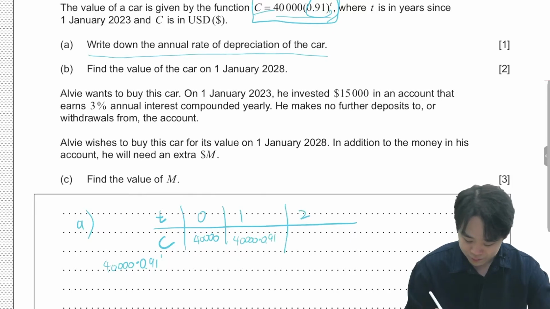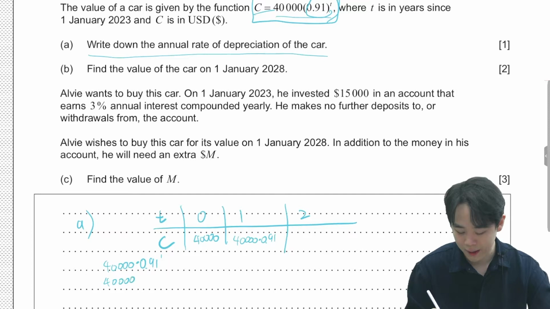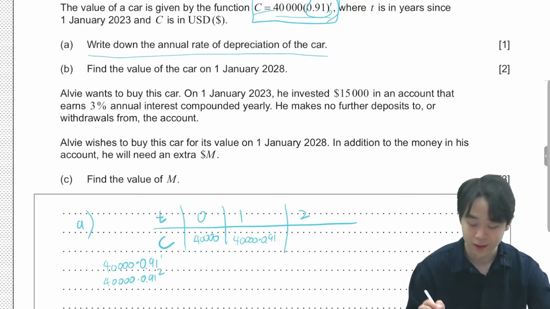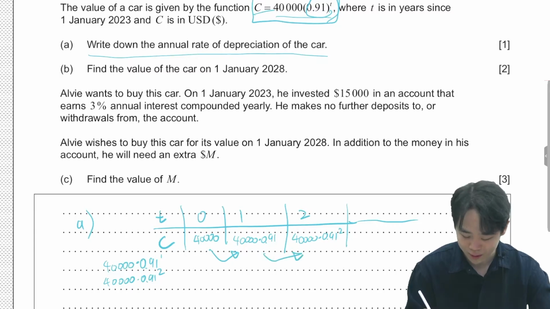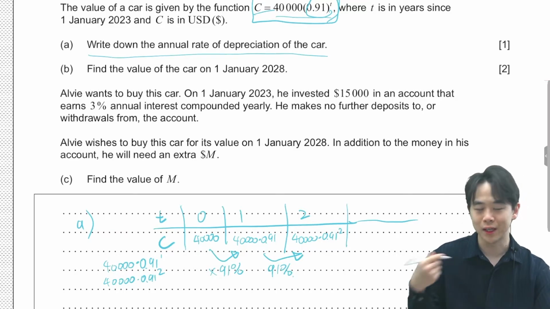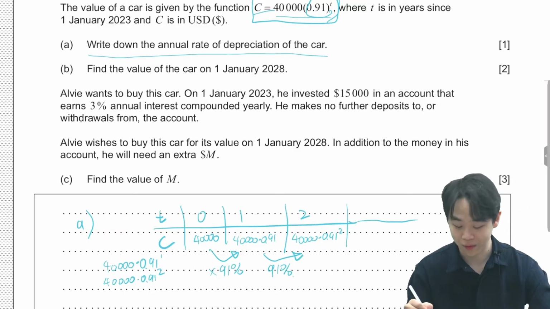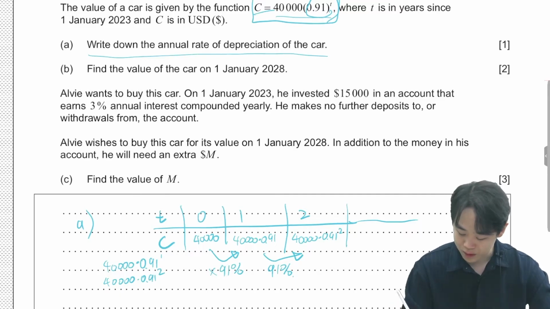The next year, we're going to be multiplying 40,000 by 0.91 squared. So that's 40,000 times 0.91 squared and so forth. So we know that from each period to the next, we're basically getting 91% of what it was worth before. That means it's losing 9% of its value from the previous year. So the rate of depreciation is going to be 9%.